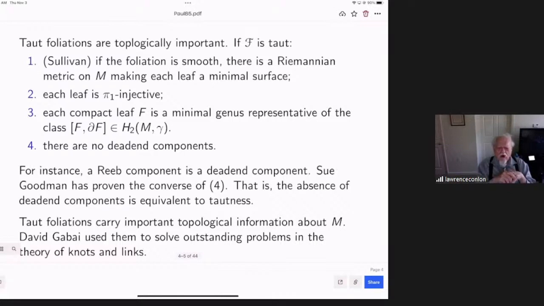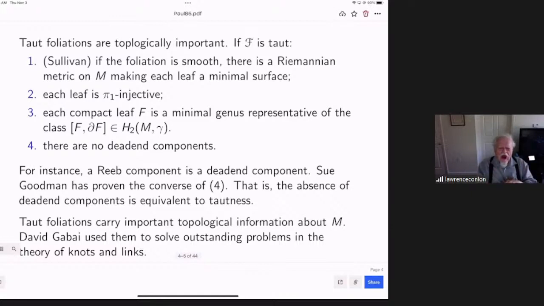A dead-end component is simply a submanifold that's a union of leaves, and some of the boundary components are compact leaves. Some of the boundary components might be elements of A of gamma, transverse to the foliation.